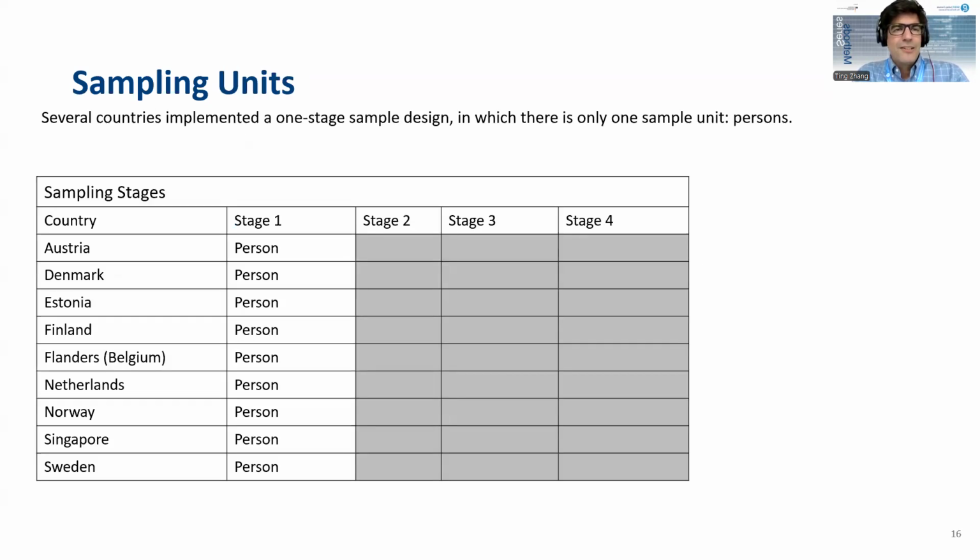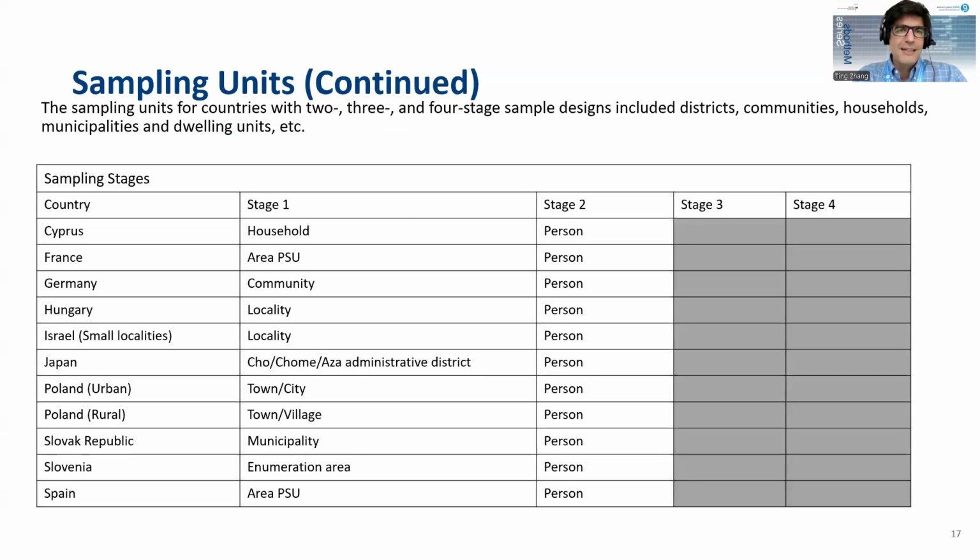Here's a list of countries that did a single stage design for PIAC, and here's ones that did a two-stage design. Although notice some of the first stages are households, so in terms of how much time it's going to take to get to people's houses, in some ways this is like a one-stage design.